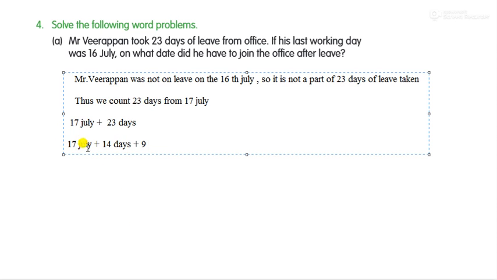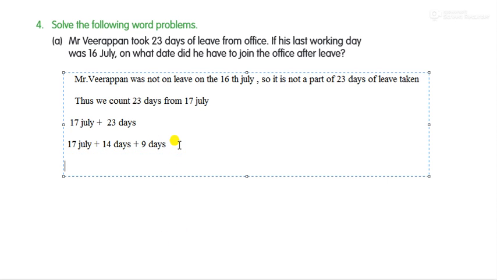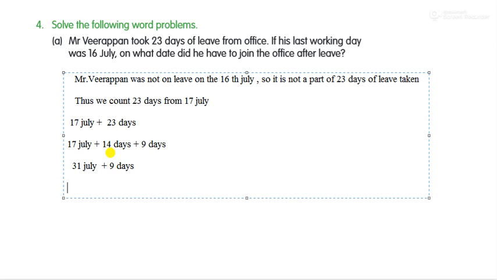So 17 July plus 14 days is 31 July. 31 days plus 9 days, after July it will come to August. So he will join on 9 August.